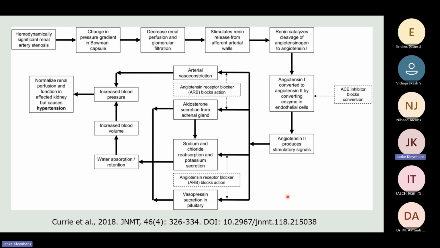I didn't want to redraw how ACE inhibition works, but there is this whole explanation from the same article, and just how the blood pressure is then increased, and you get normalized renal perfusion in the affected kidney, but it gives you hypertension, and this is the whole mechanism of action.